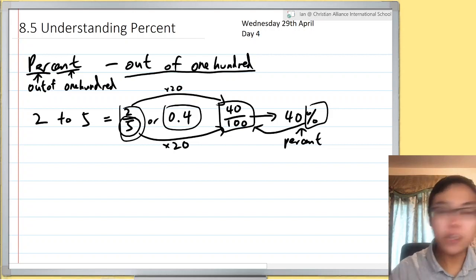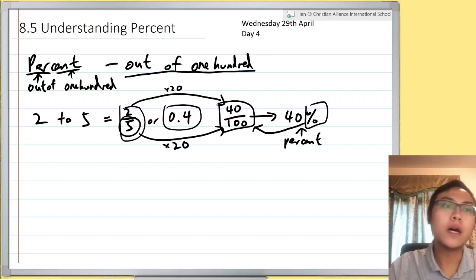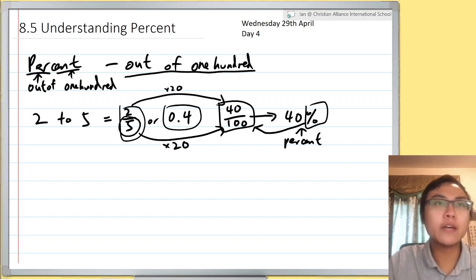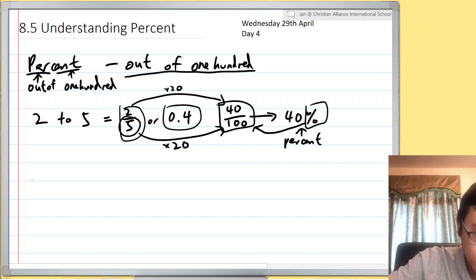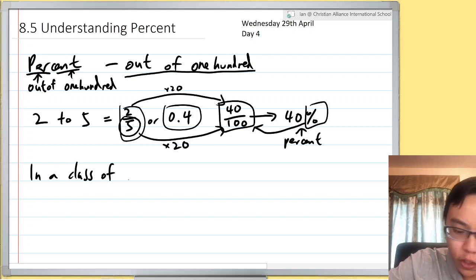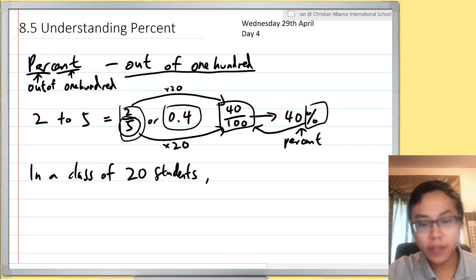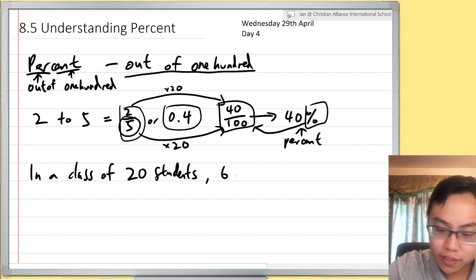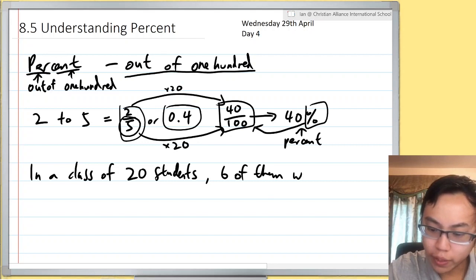Let's talk about the meaning of percent in a more reasonable situation, something that we probably understand more. Let's say in a class of 20 students, 6 of them wear glasses.